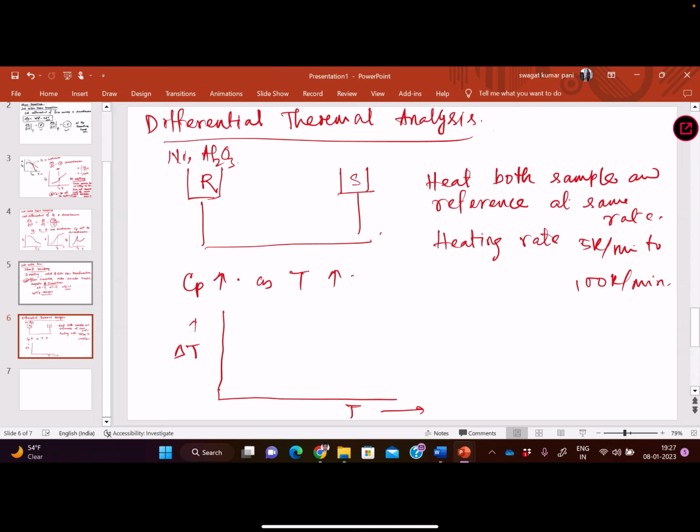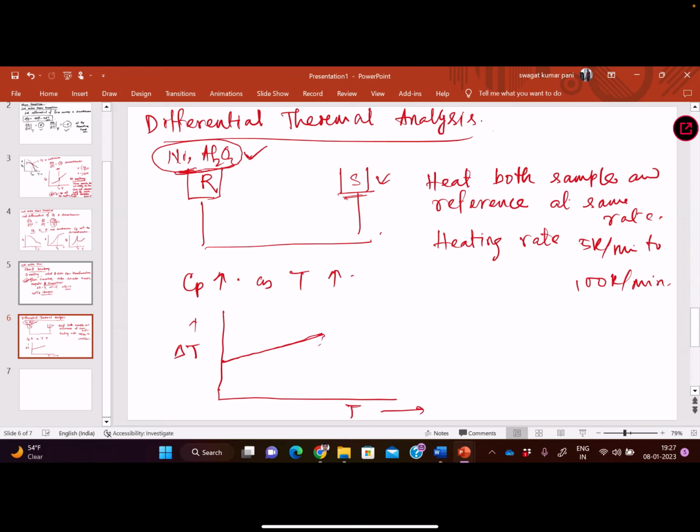First, as we heat the material, remember this reference material should be such that its melting point is higher than the sample material. So when the sample melts, there should not be any phase transformation in the reference material. As the temperature goes up, we'll see a plot like this where the delta T is maintained constant, and this is going up because there will be some Cp difference between the reference and the sample.